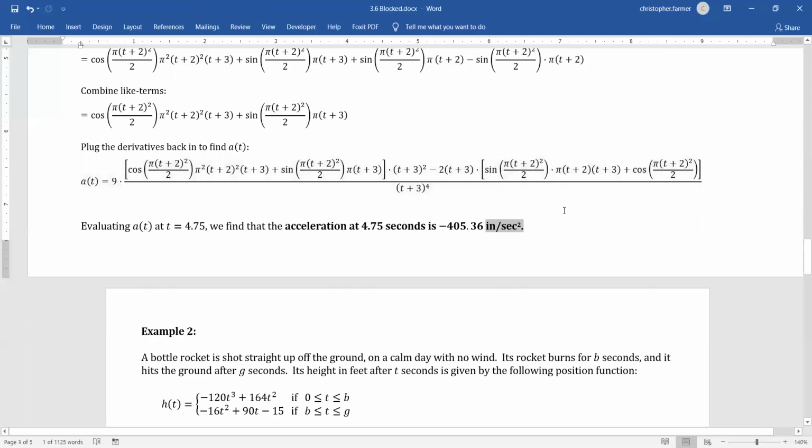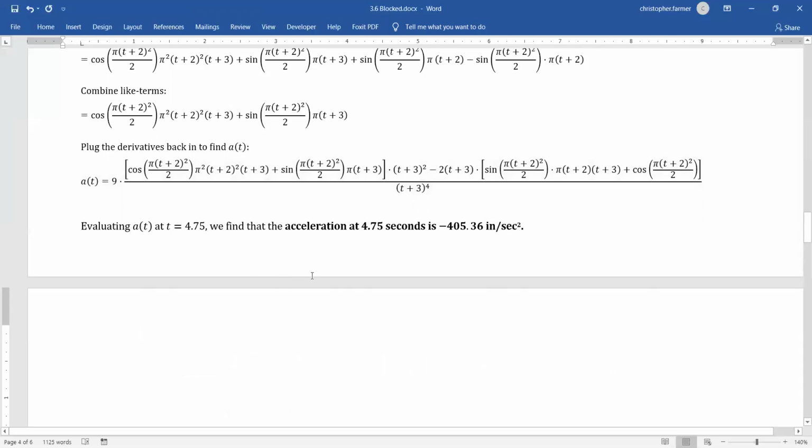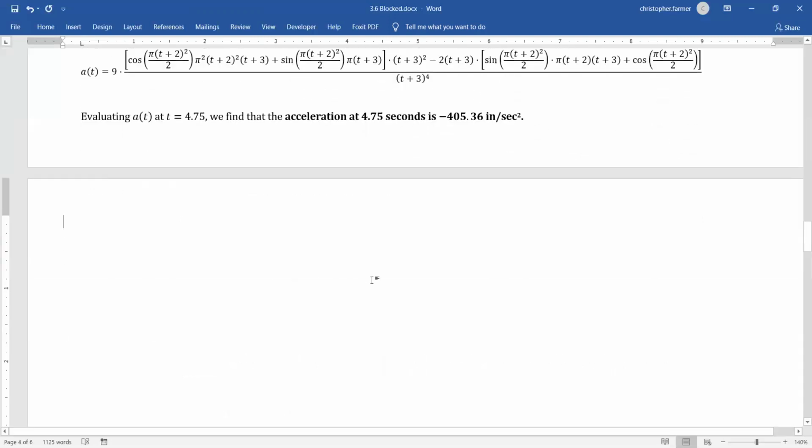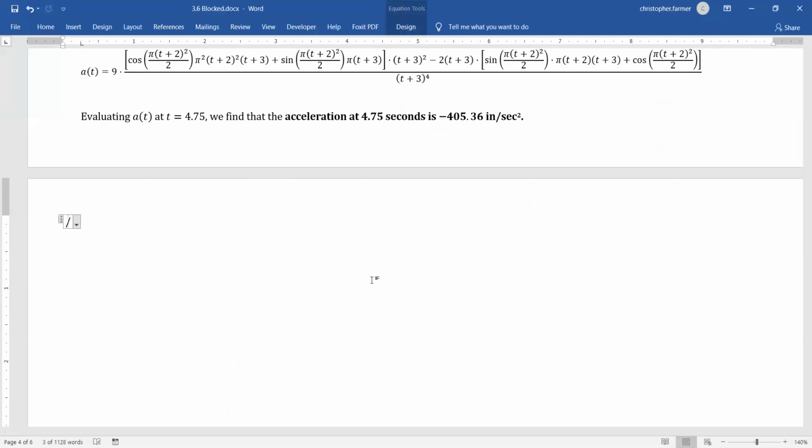Keep in mind that when we're talking about acceleration, we're talking about the change in velocity. Again, derivatives are rates of change, so we're just looking at slope.